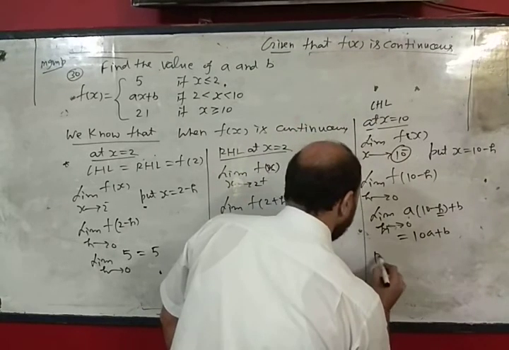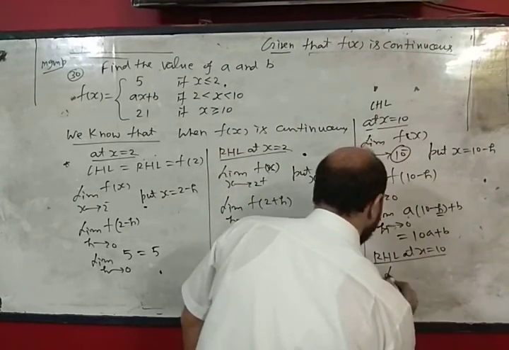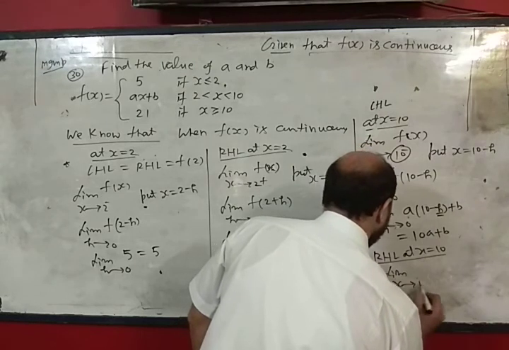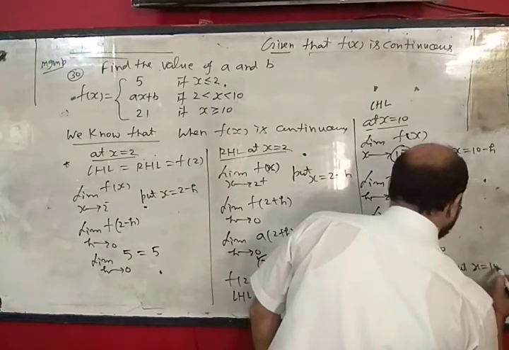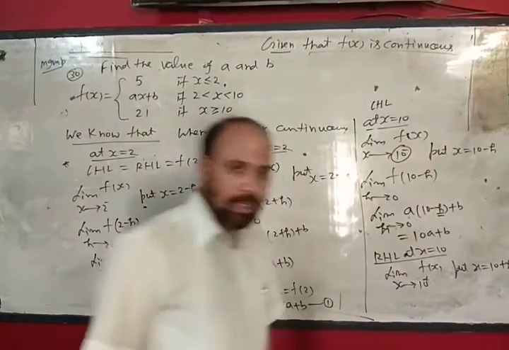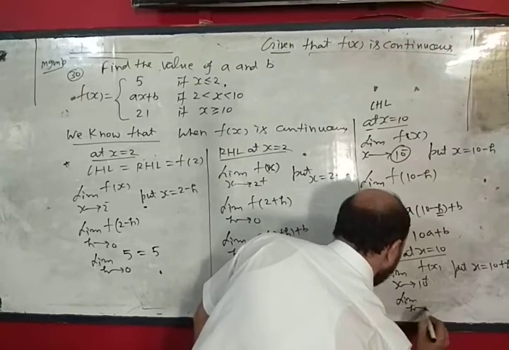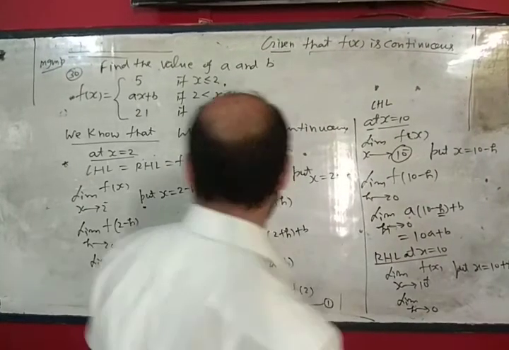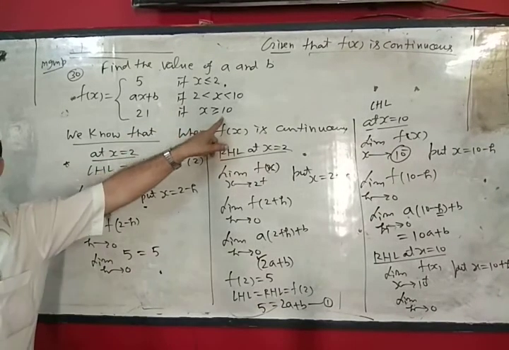In RHL at x equal to 10, limit x tends to 10 plus f(x). Put x is equal to 10 plus h, and limit h tends to 0. The function is given f(x) is equal to 21 when x is greater than or equal to 10.